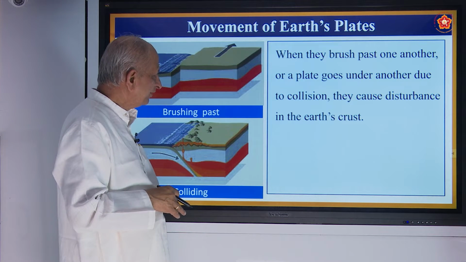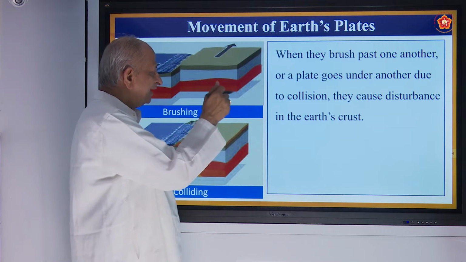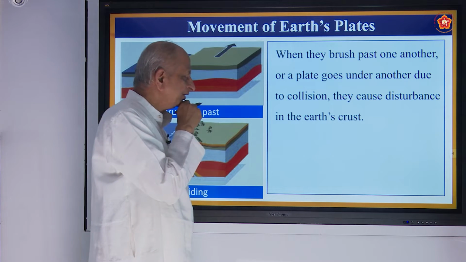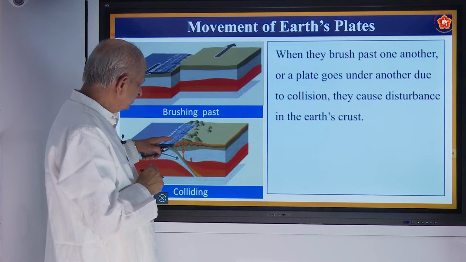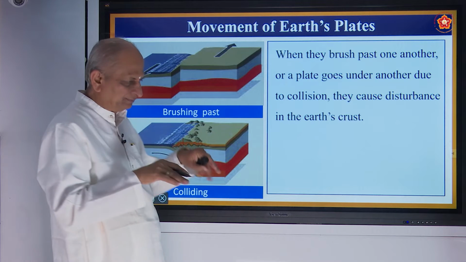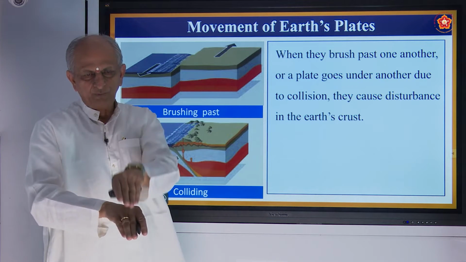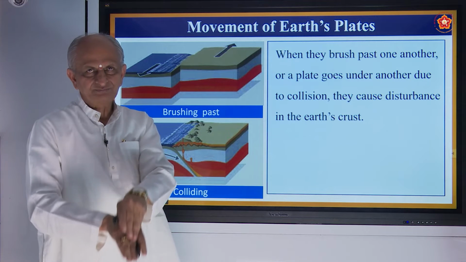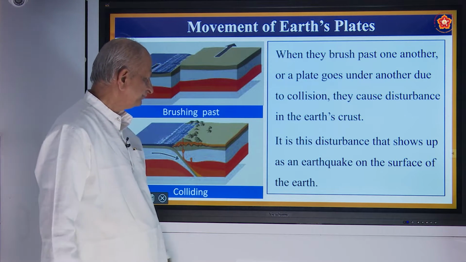It is called moving of the earth's plates. They brush past one another, or a plate goes under another due to collision. This is called colliding. This is called brushing. So there will be disturbance in the earth's crust.